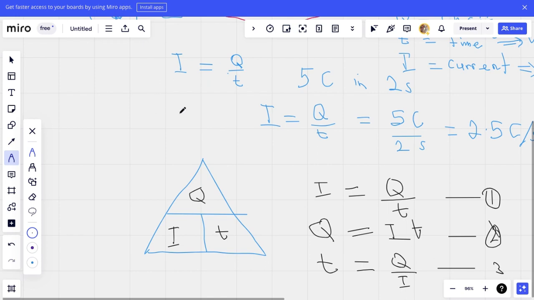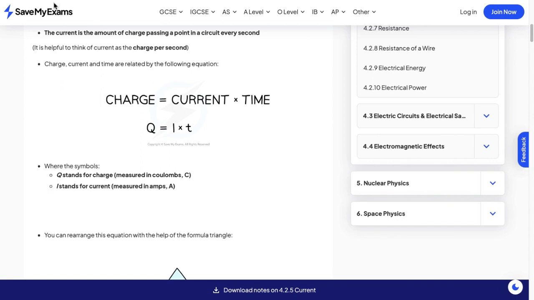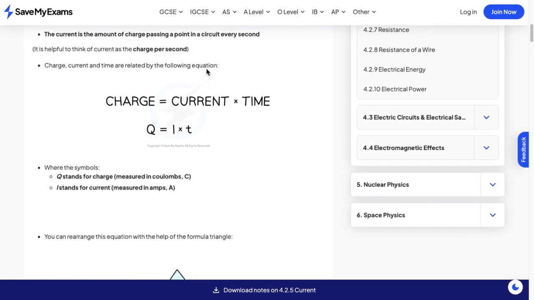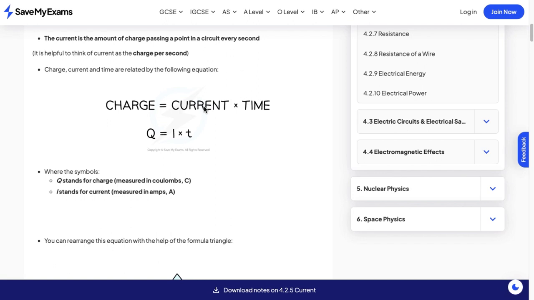These are the three basic equations we need in case we need to calculate anything. Since we know current is charge divided by time, by making current the subject, charge will be current times time, which is Q equal to IT, which is what we have highlighted.